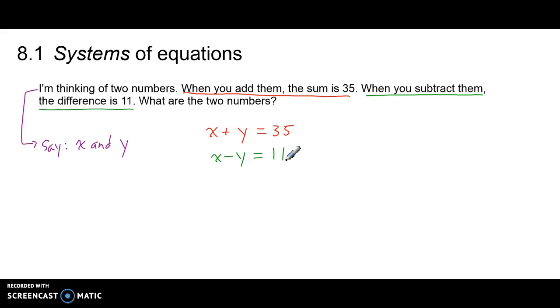So now, how do we solve these things? Well, there's more than one technique, and that's one of the interesting things about Chapter 8. We're going to learn one technique here in 8.1, another technique in 8.2, and so on. The basic idea that underlies all of those techniques is that these things have graphs.